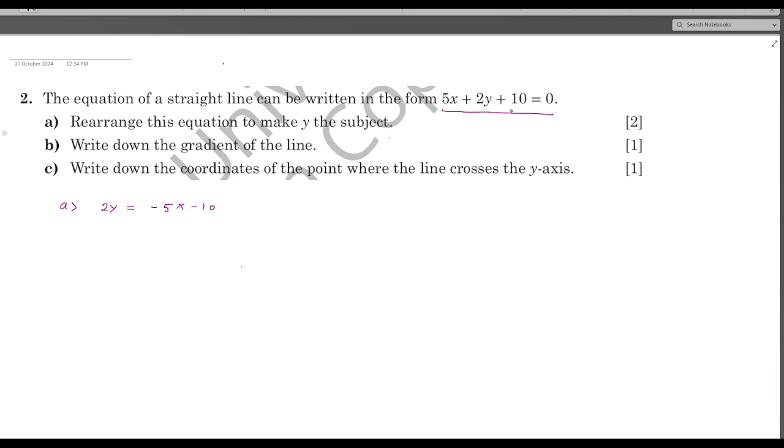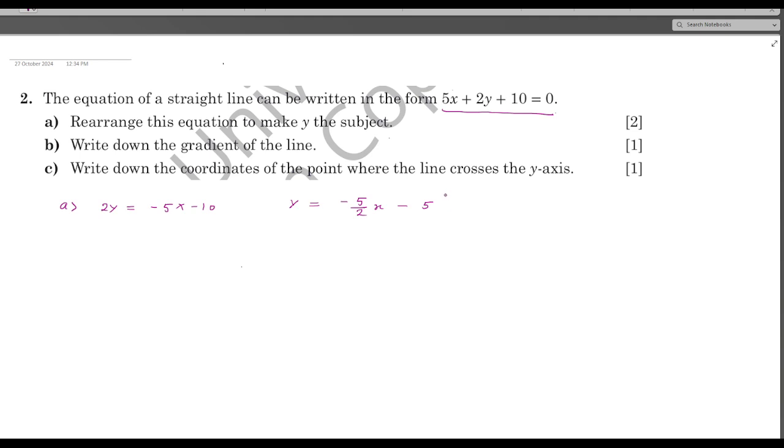Also we are subtracting 10 from both sides, or else you can say that we are transferring 5x from left to right, so plus will become minus. The same way plus 10 will become minus 10. Now I have to make y the subject, so I will divide both sides by 2 and I will get y equals minus 5 divided by 2 x minus 10 divided by 2, which is 5.